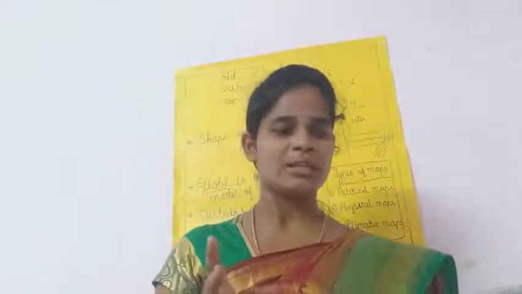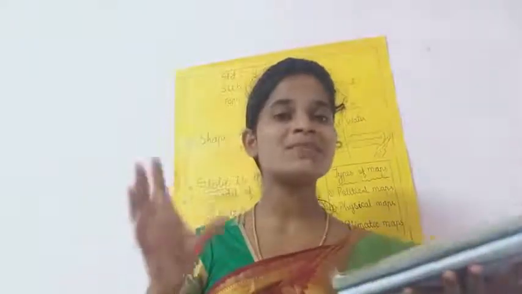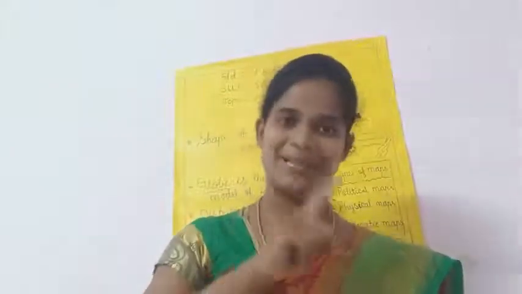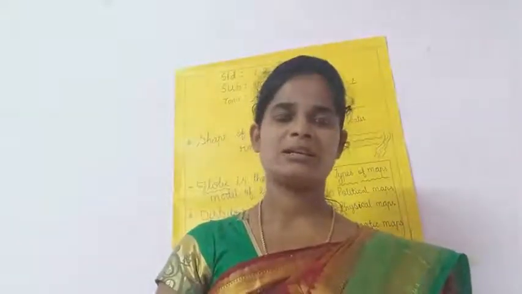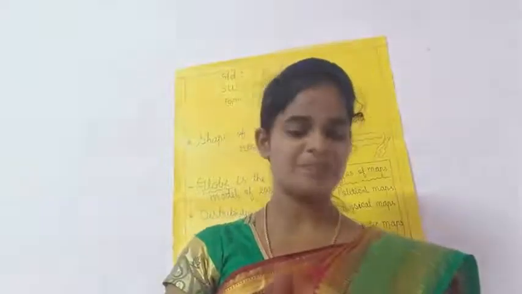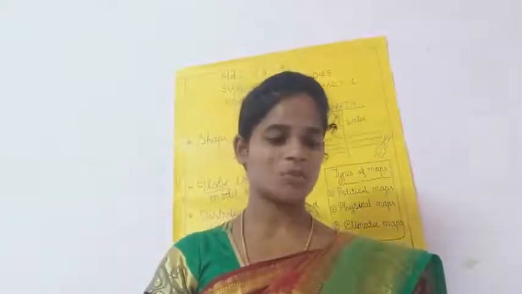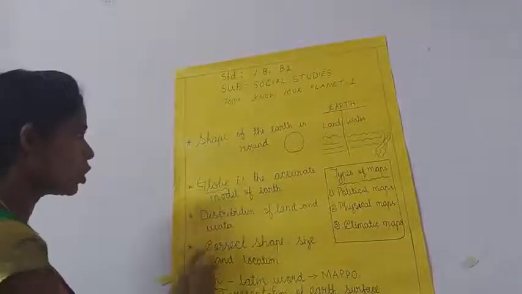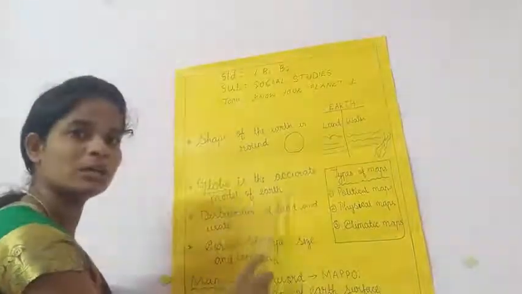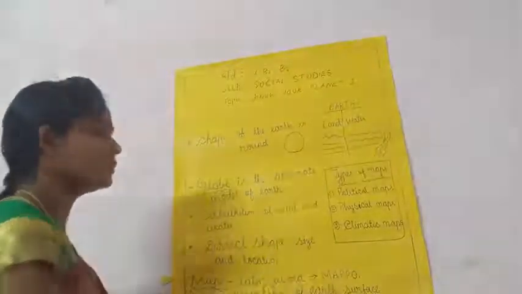In the next Zoom class, I am going to show you a globe. A globe is very useful to find out places, continents, rivers, oceans and seas, so we can accurately read the names and find the places. A globe is a model of the earth. What is a globe? A globe is an accurate model of the earth.